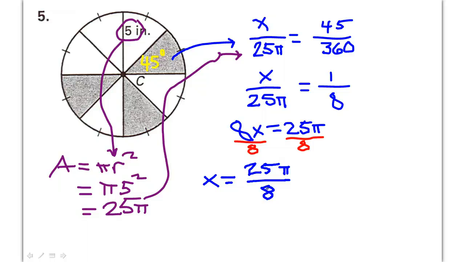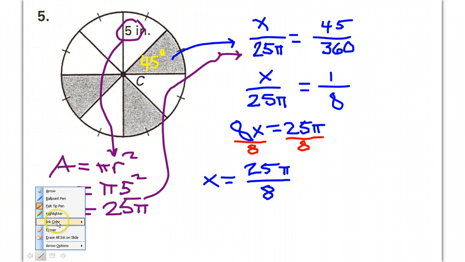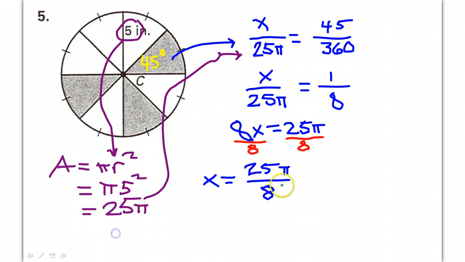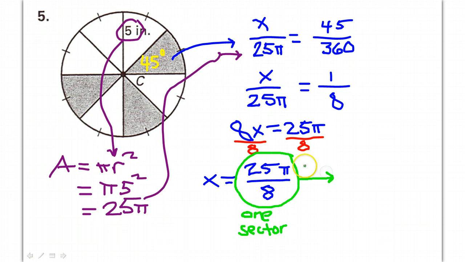75 pi. That is correct. Let me just make some notes on here in case anybody is looking back at these notes later. So please understand that this represents only one sector. Okay? So to get the true answer, we have to take this and we have to multiply it by 3.